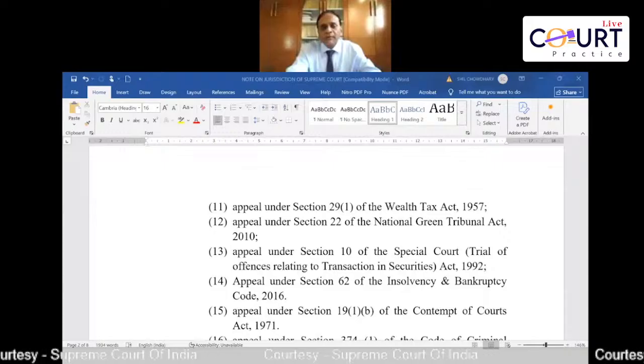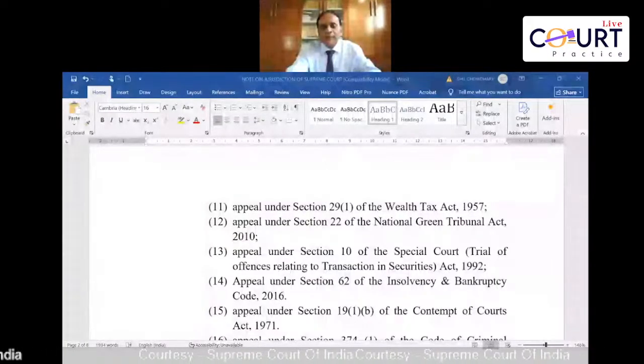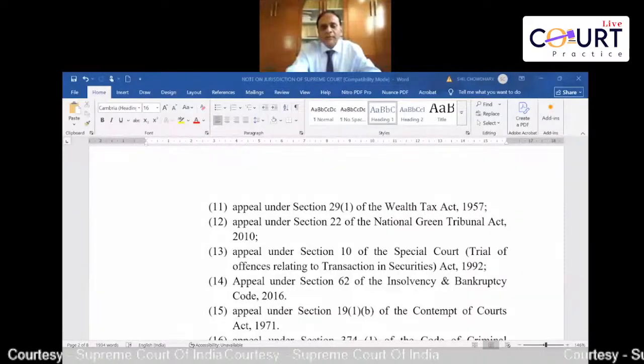But can a builder forfeit the entire amount of advance on the pretext of Sections 73 and 74 of the Contract Act? That would be a question of law. So appeals would lie under a few statutes on a question of law, and under a few statutes, appeal lies to Supreme Court only on a substantial question of law as per Section 100 of the Code of Civil Procedure.